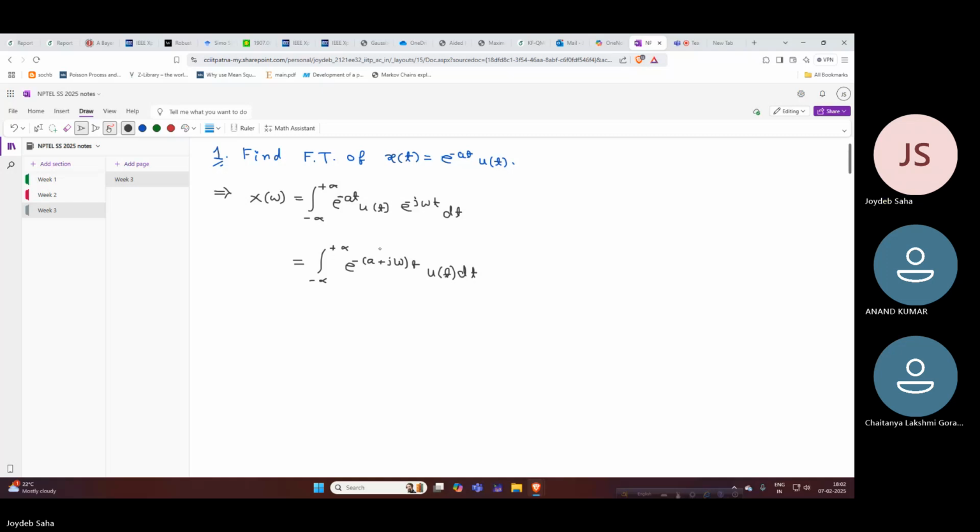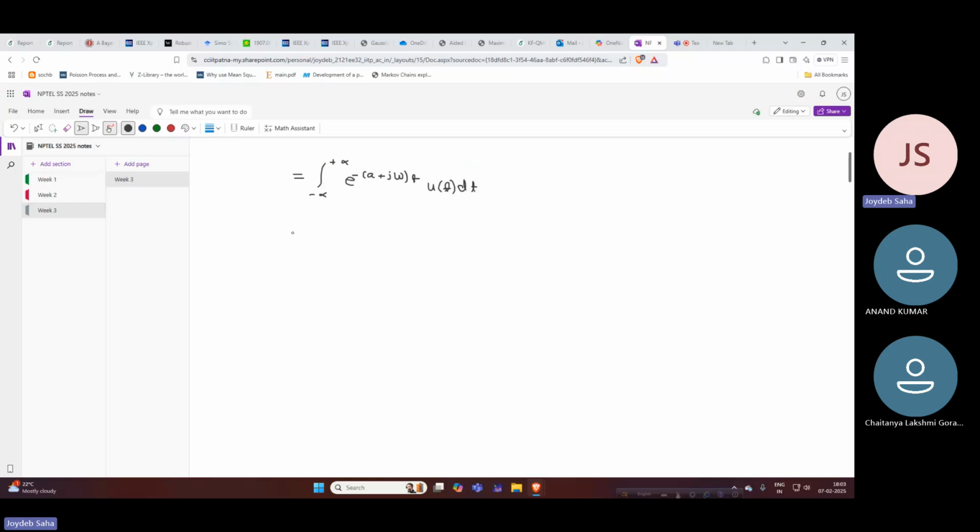Now we are rearranging it and writing the integral from minus infinity to plus infinity of e to the power minus (a plus j omega) t u(t) dt. Now what is u(t)? What is the value of u(t)? u(t) means if t is less than 0, its value is 0, and for t greater than or equal to 0, its value is 1.